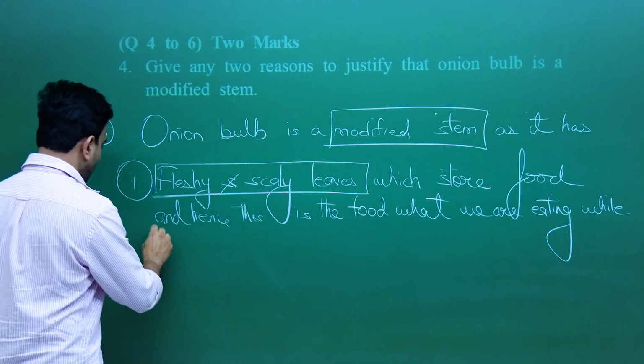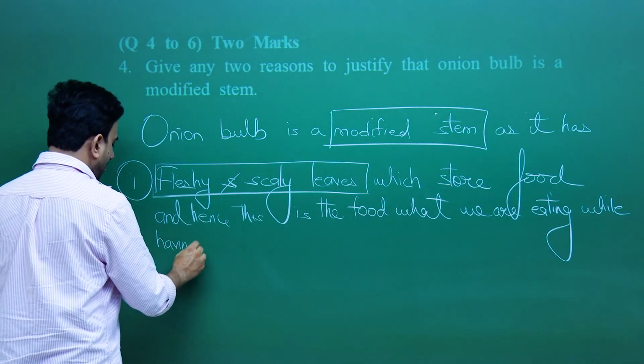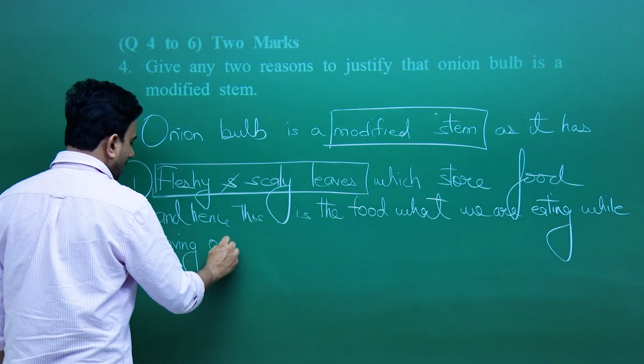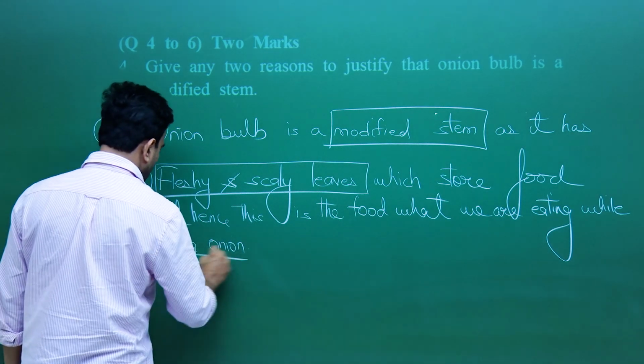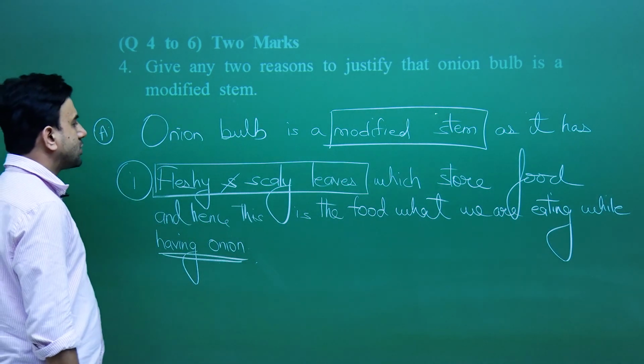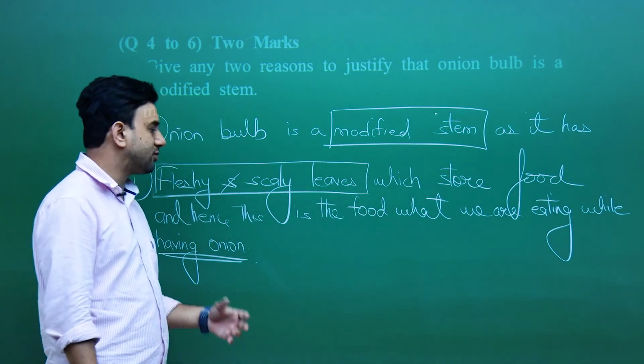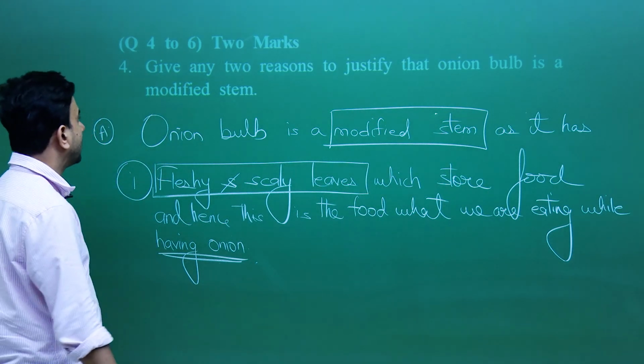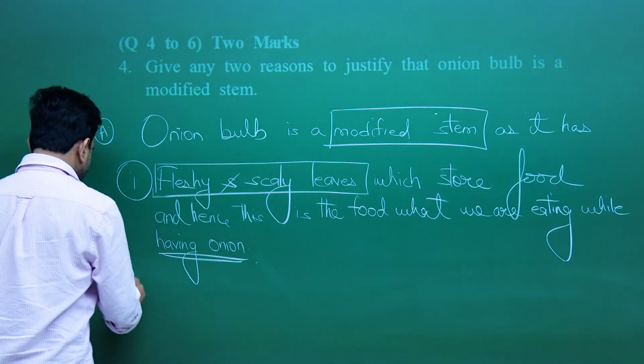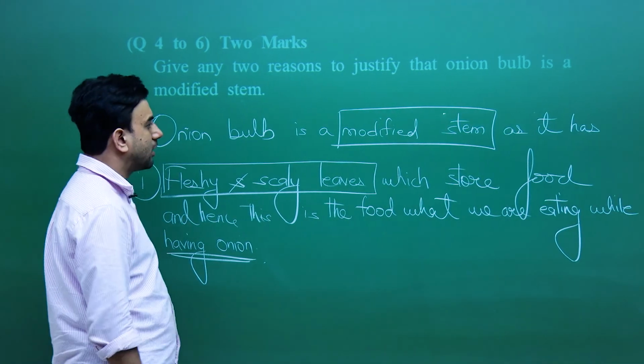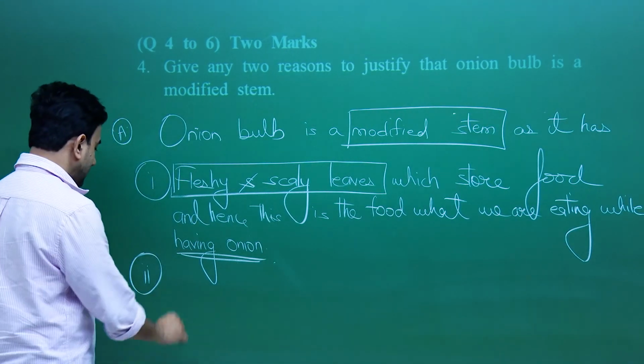So, fleshy and scaly leaves which store food, and hence this is the food which we eat while having onion.